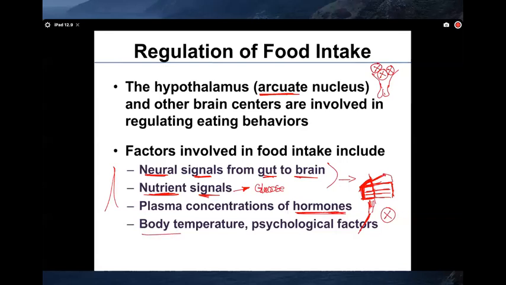Body temperature: if you notice, you tend to eat more during colder weather.